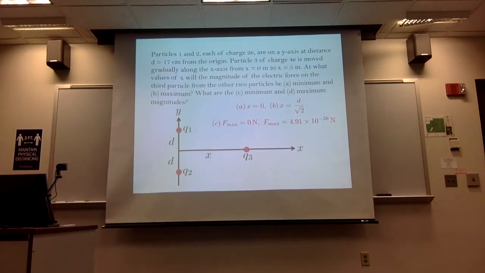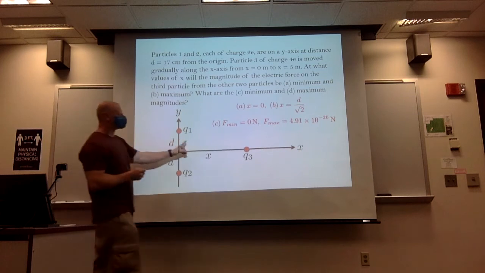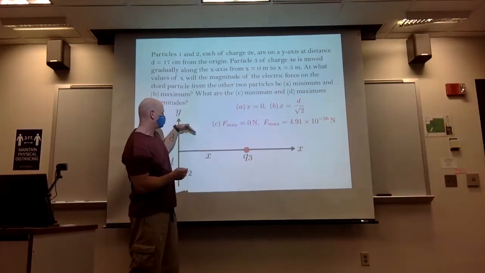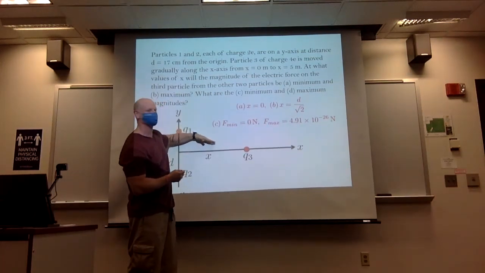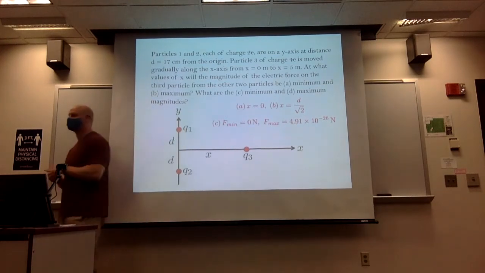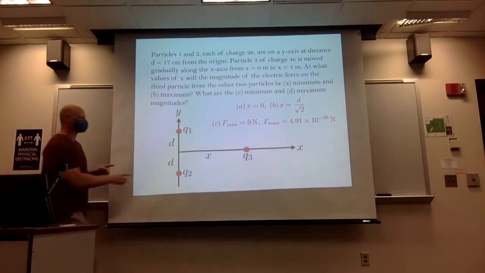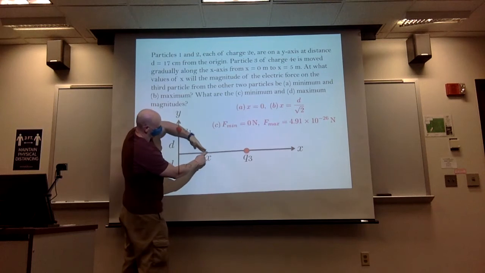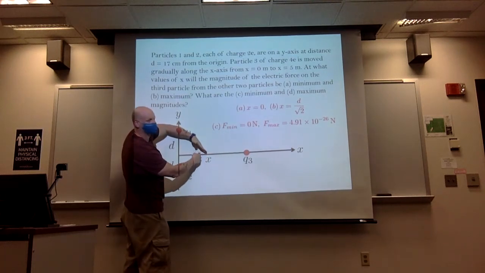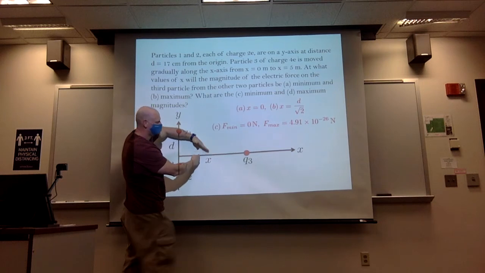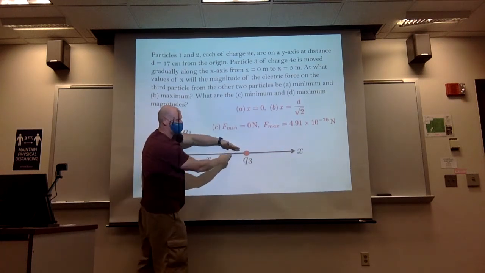Now, other things to note: depending on where this charge is, the angle is also going to depend on where it is. If I move this charge to this location here, I have this angle between the hypotenuse and the x-axis. But when it's out here, I now have a shallower angle.